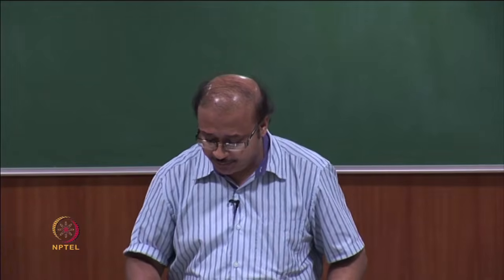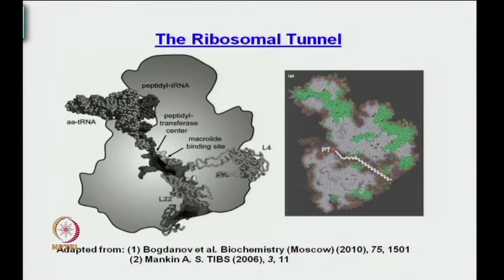To give you a clearer picture, if you go to the next figure or panel, you can see in red the peptidyl transferase center, the whole background is a ribosome, and here you can see this white elongating peptide slowly coming out through the tunnel. So, what have we established? My peptide bond is getting synthesized here.